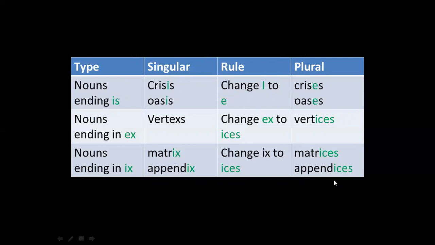When we change these nouns which originate in a foreign language, these are the ways to change the nouns to plural. You have to learn these rules. These are the rules given here, with certain words given. When the ending has a certain syllable as given here, these are the ways to change the noun into its plural form.